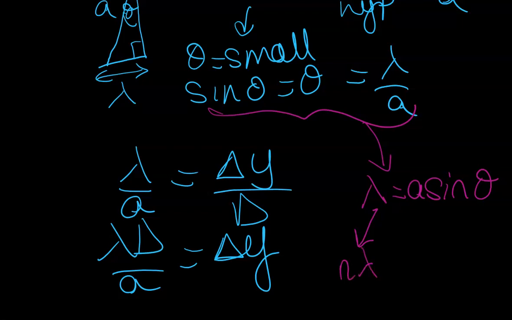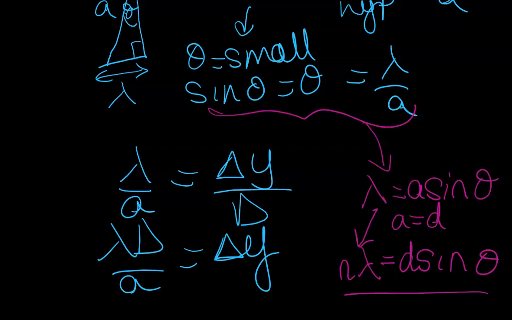So that is n lambda, and then A is equal to D, right? So sometimes they let it be equal to common D, and more so when they use it in the context of n lambda is D sine theta. D really represents the spacing, all right? So you let this be equal to D sine of theta. And this is where your two equations originate.